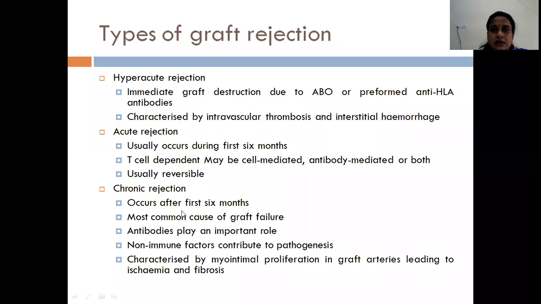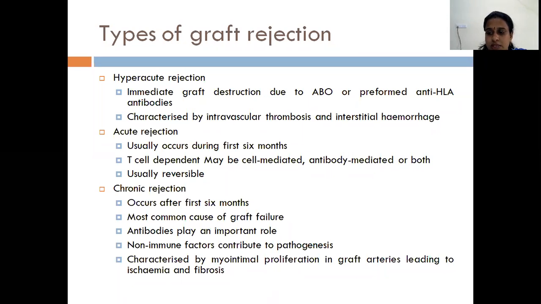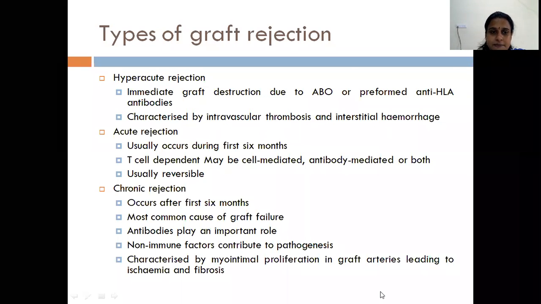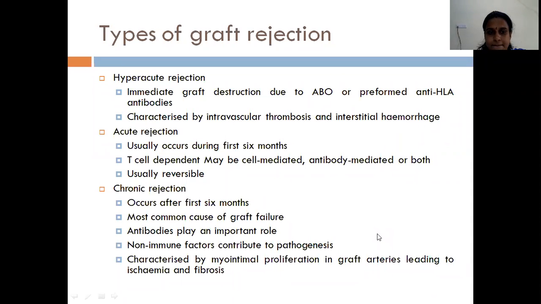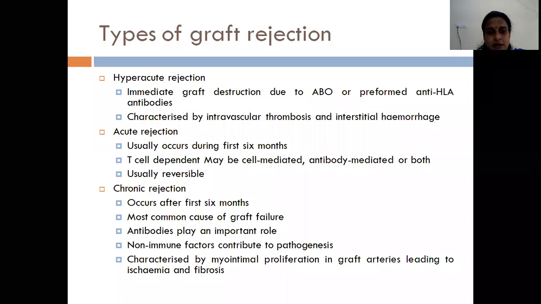That is, the donor organ, the grafted organ, gets fibrosed. Hence, there is failure of the graft or the transplantation. So these are the basic different types of graft rejections: hyperacute, acute, and chronic.